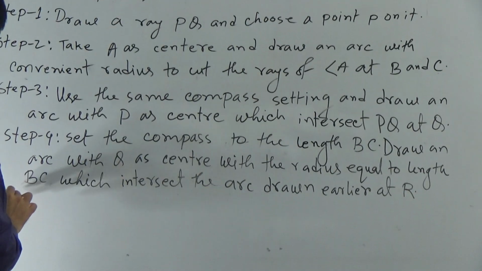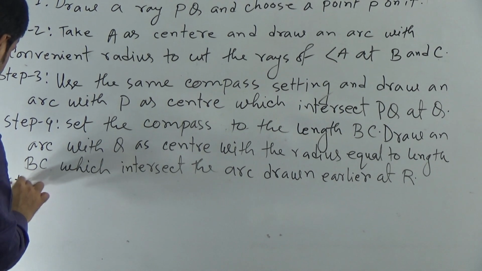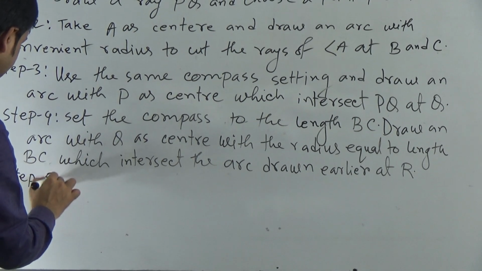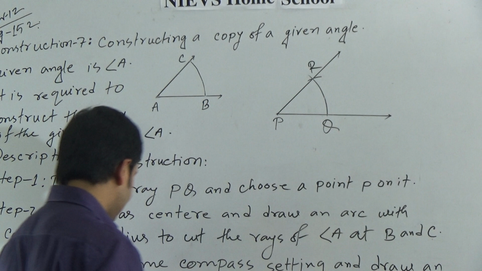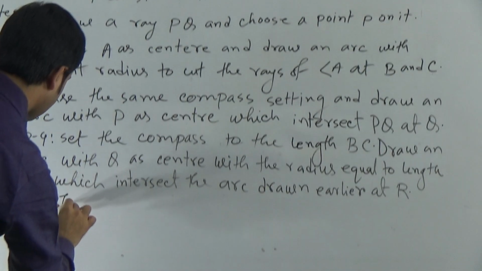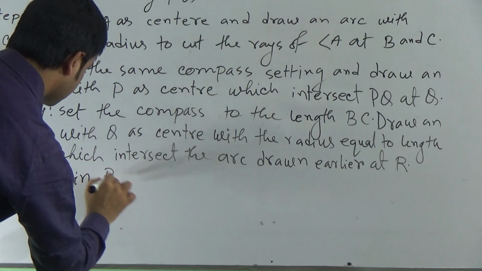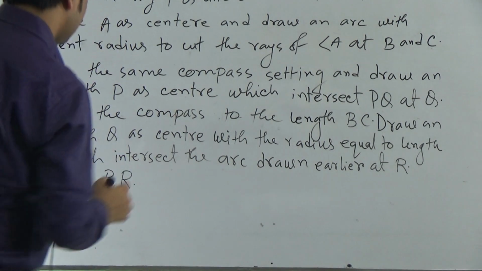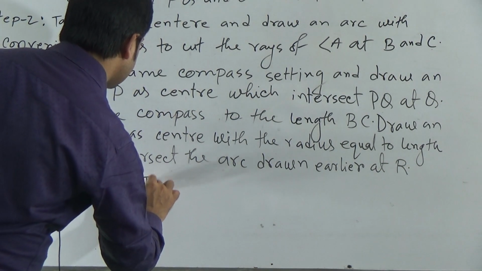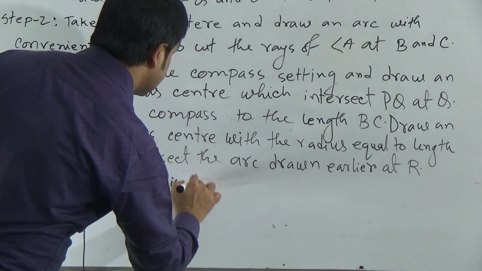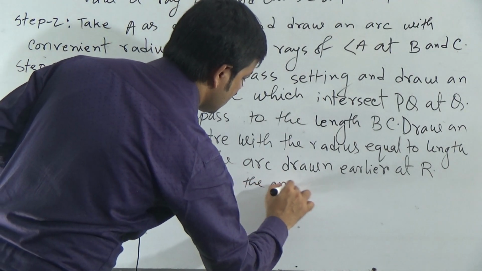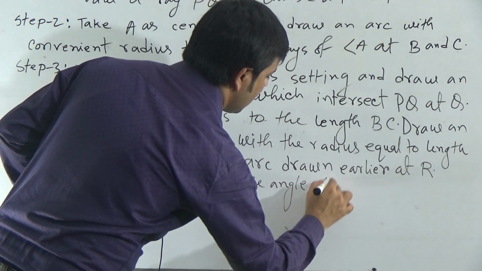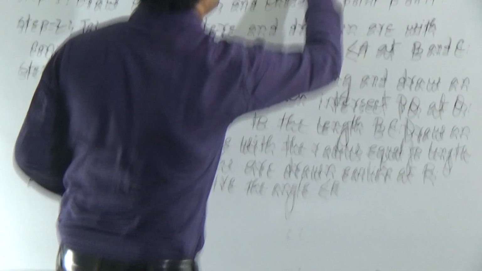Then next step. This is the last step. Step 5. Then join PR. This gives the angle RPQ.